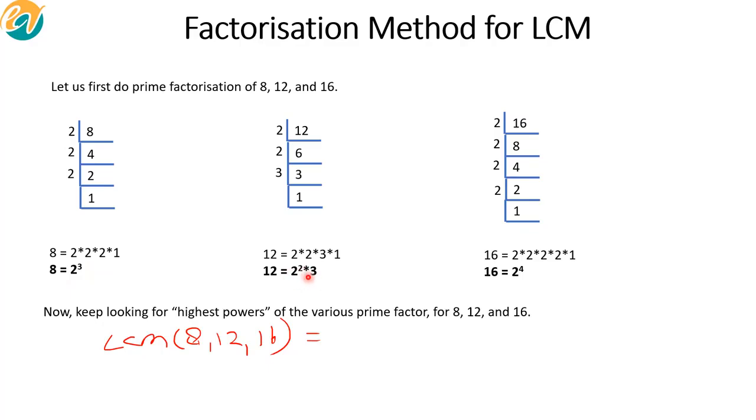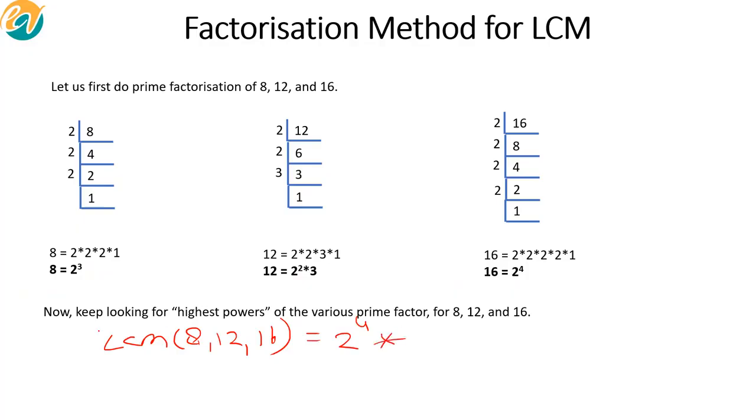What is the highest power of 2? 2 square in this case. What is the highest power of 2? 2 raised to the power of 4. So 2 has the highest power of 4 across these three integers. So 2 raised to the power of 4 would figure here.